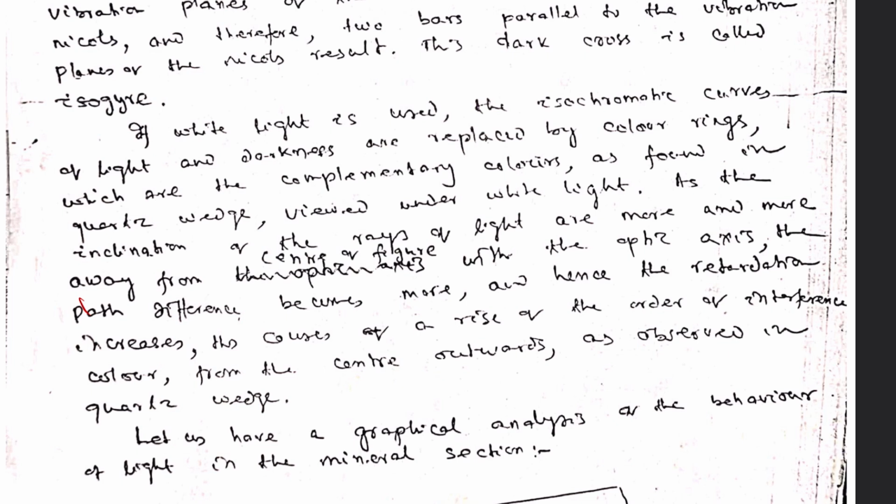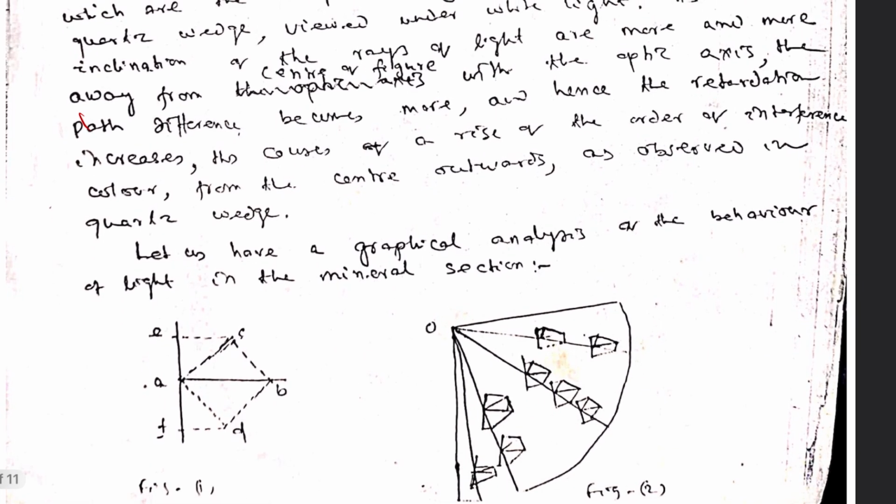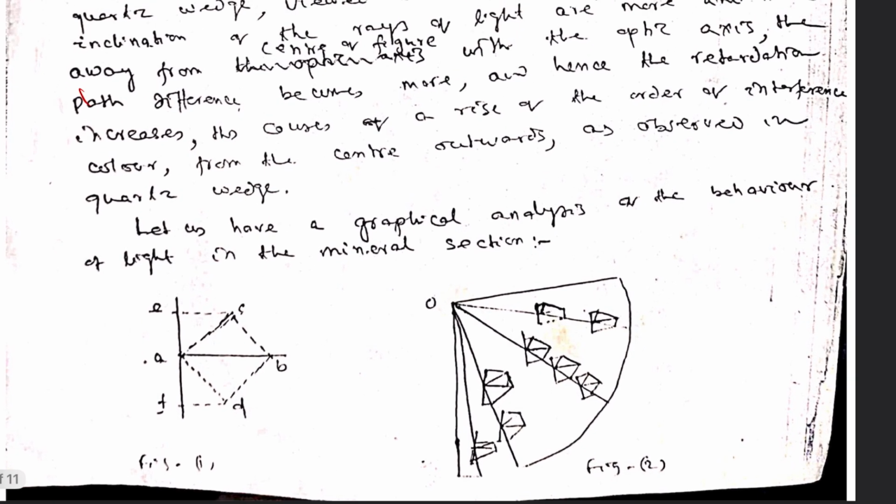Let us have a graphic analysis of the behavior of light in the mineral section. So what happens to the light rays? Here, the light which is coming from the polarizer, let us say it is AB.